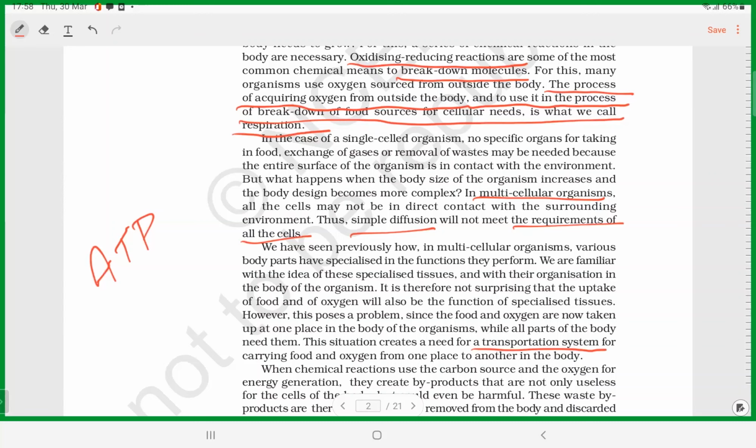It gets its food with no need of a transportation system; diffusion is enough. But we are multicellular organisms, that's why we need the heart, the pump, all these things. Anyway, in multicellular and unicellular organisms, food and oxygen are supplied by transportation or diffusion.